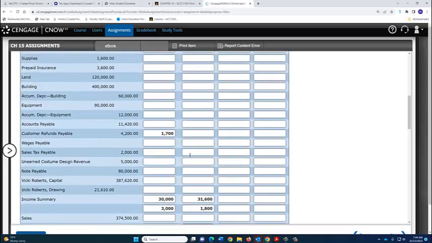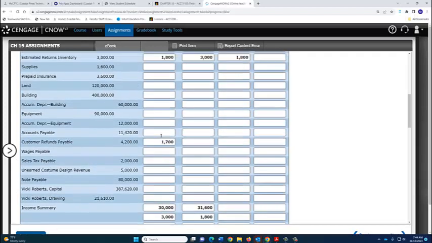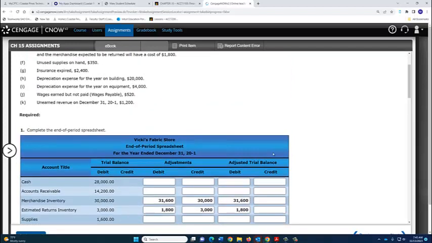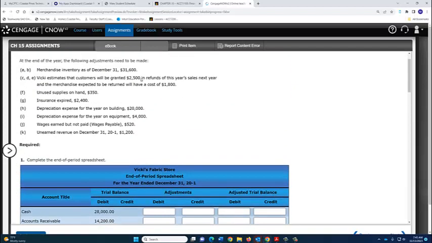Okay, so if customer refunds payable has a credit of 4,200, we give it a debit of 1,700. That's going to bring our balance to a credit of 2,500, which was what we were told our actual ending balance is estimated to be.